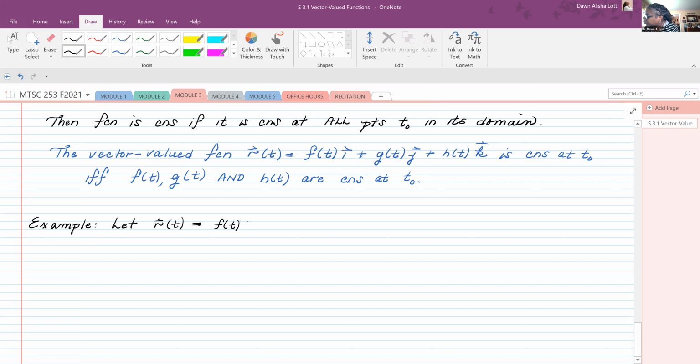F of t i plus g of t j. Let me put some functions in here.